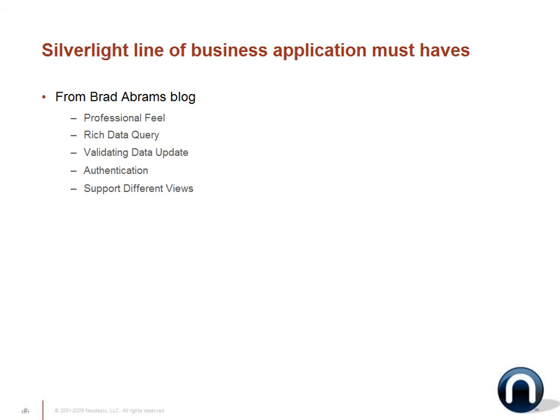It could also mean presenting some sort of view of your application for somebody who doesn't have Silverlight loaded, and that's the way that Brad Abrams did his demo at Mix and PDC, which was to show you what your application would look like if you didn't have Silverlight installed, and giving search engines the ability to crawl your site and get some idea of what the structure is, be able to index it.